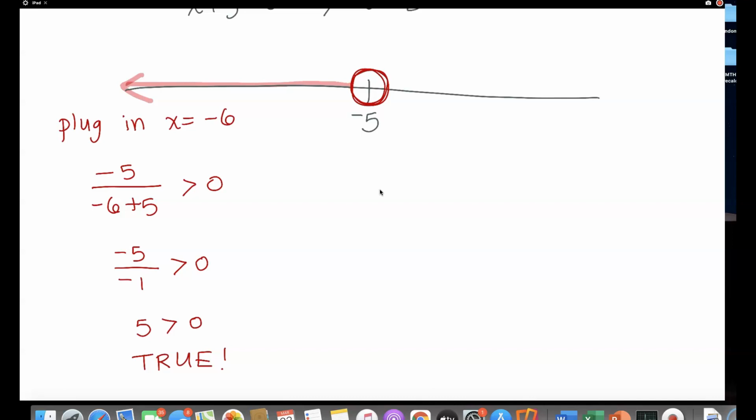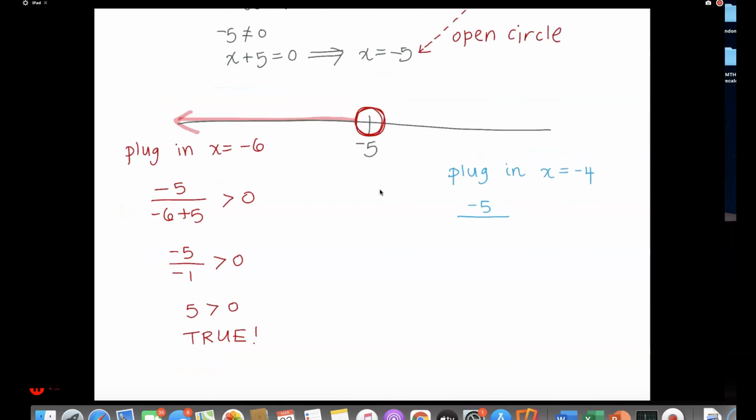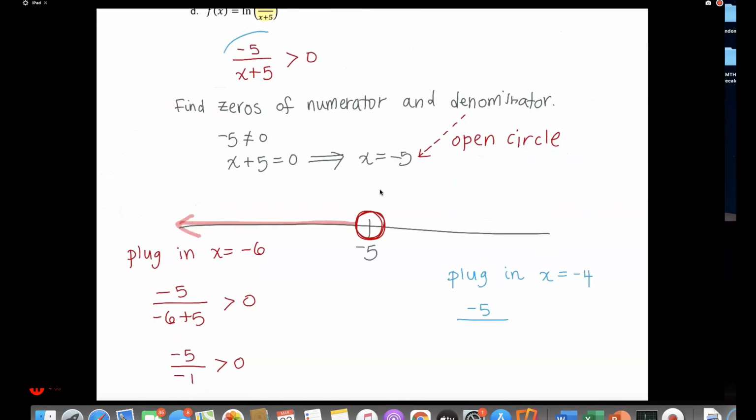Now I'm going to check the other region, but I have a strong feeling it's going to be false. Plug in a number that is greater than -5. I can plug in x equals -4. 0 would have been a nice one too. But if I plug in -4 into this inequality, I will get -5 over -4 plus 5 is greater than 0.